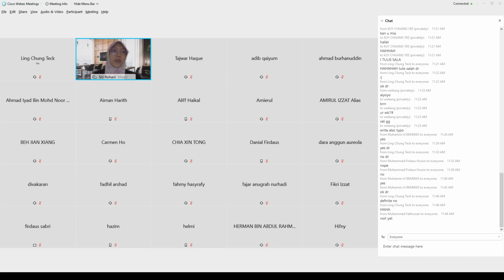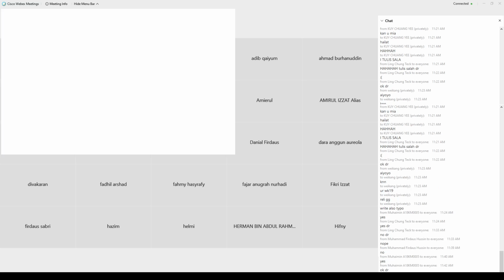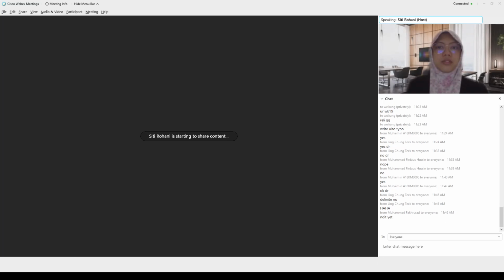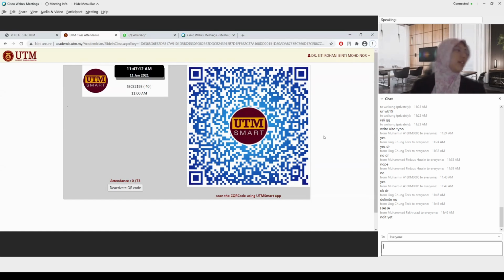Make sure you prepare well. Be careful when doing the hypothesis statement. And make sure that you know all the symbols: at least, at most, not more than, etc. Okay, so I think that's all for today. If you don't have any questions, please scan the QR code here for attendance.